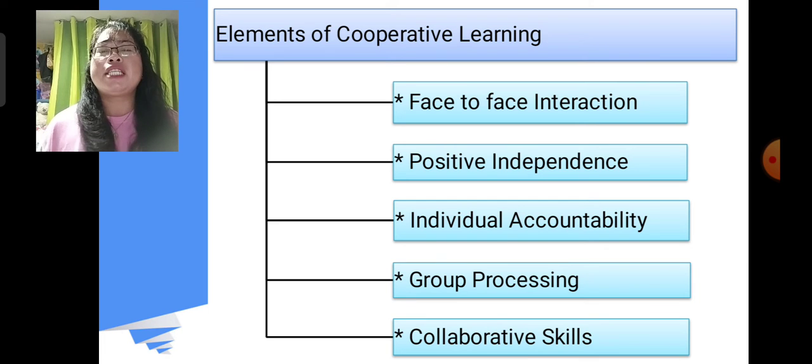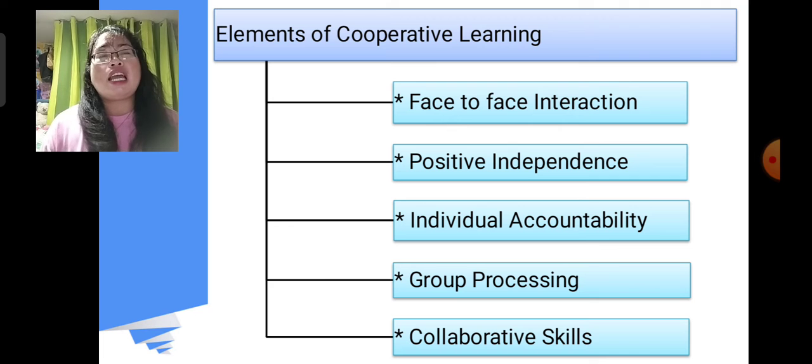In positive interdependence, the students have the sense that they're in this together, feeling that each member's individual effort will not only help him, but the whole group. The grade of each student is dependent upon the effort of the other group members.